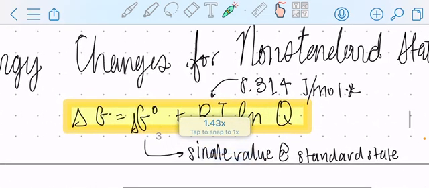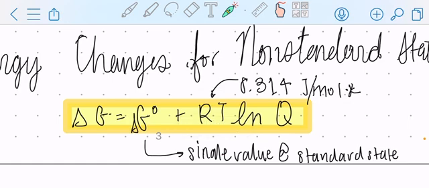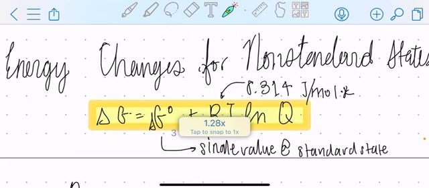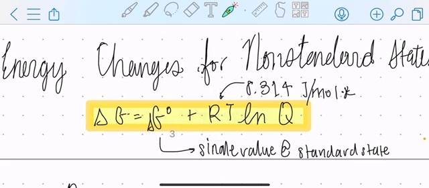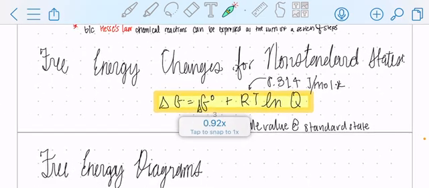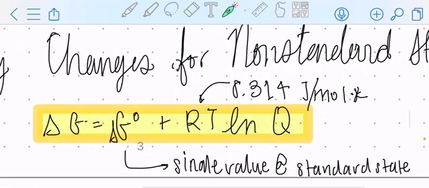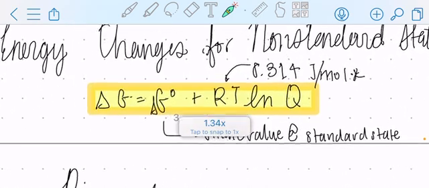It's basically the equation for the products to the power of their coefficients, divided by the reactants to the power of their coefficients. You write the Q value for that equation and plug it in here.